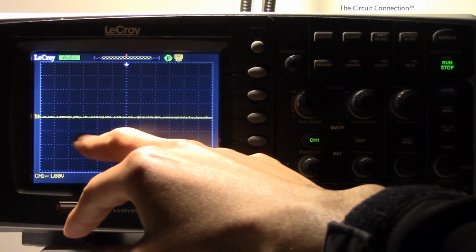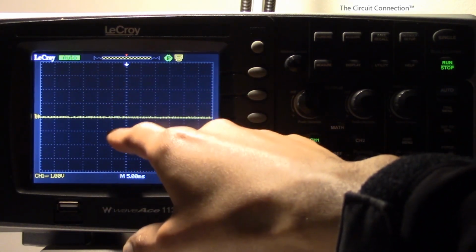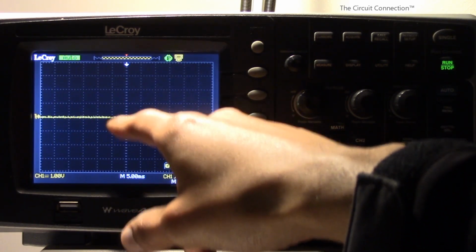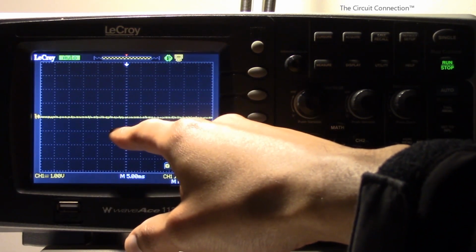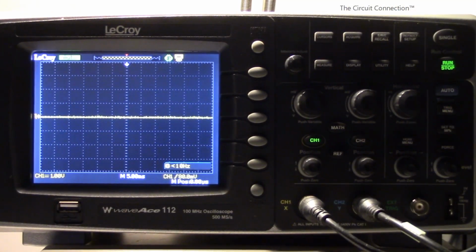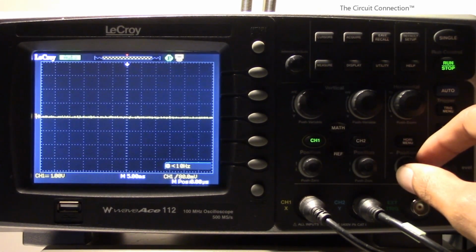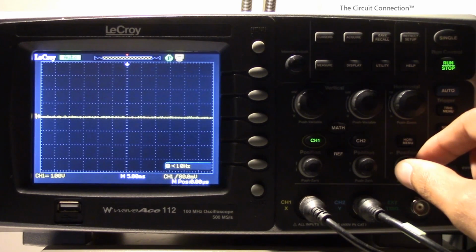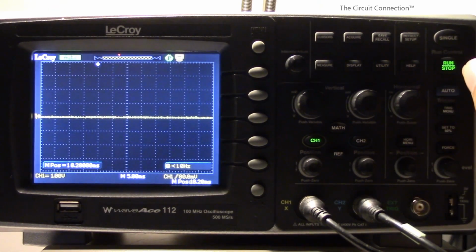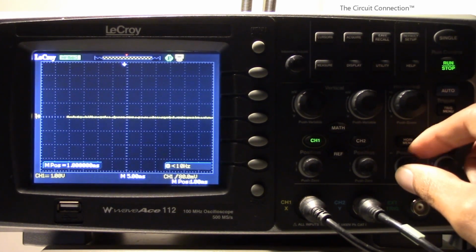So 1, 2, 3, 4, 5. I'm looking for it to rise and be all the way past its transient state by about right there. But that depends on where you set your horizontal position. I'll leave it where it currently is, but you can offset that and put it at a different spot, and I'll demonstrate and show both.